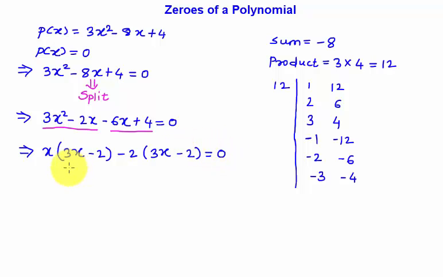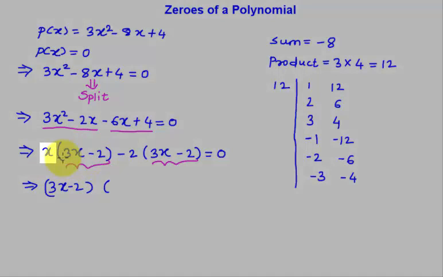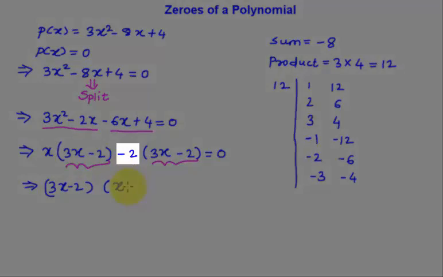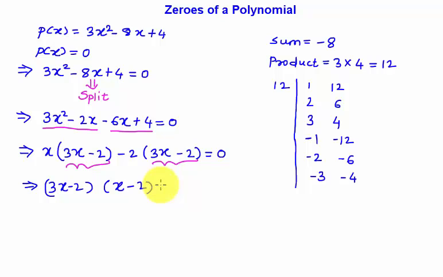Now if you see both the terms, 3x minus 2 is common over here. So we can take 3x minus 2 out from both the terms. So what we get? 3x minus 2 out. What remains inside the bracket from the first term is x and from the second term minus 2. This must be 0.